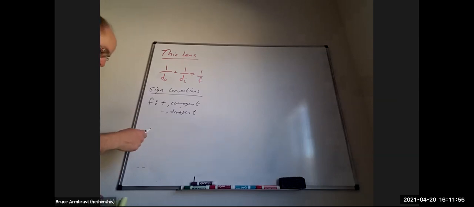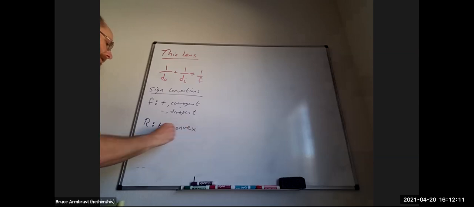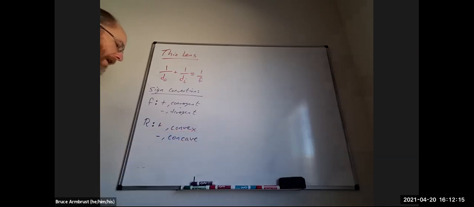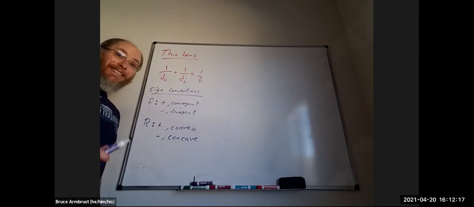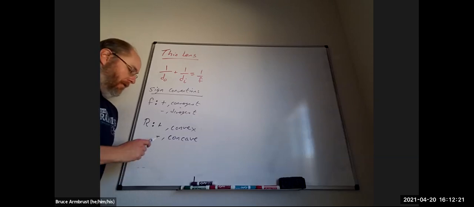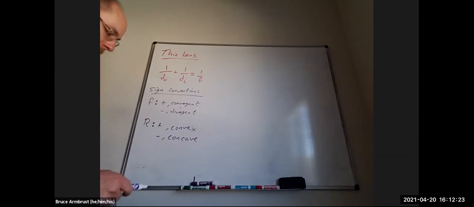In terms of the radius of curvature, we don't really need that in this formula, but if you're going to use that for the lens maker's equation, for the radius, again, positive means that it's convex, and negative means that it's concave. So this is opposite what we did with mirrors. Okay, so the R's are opposite.